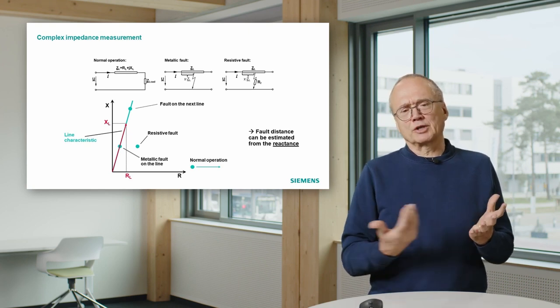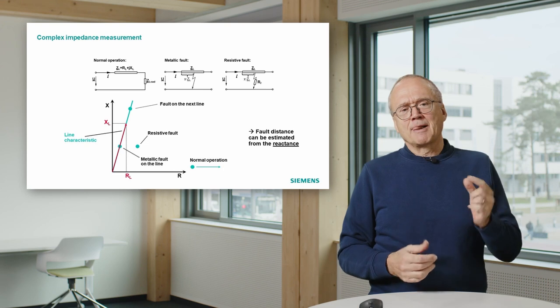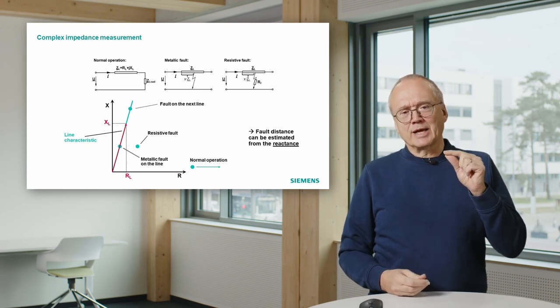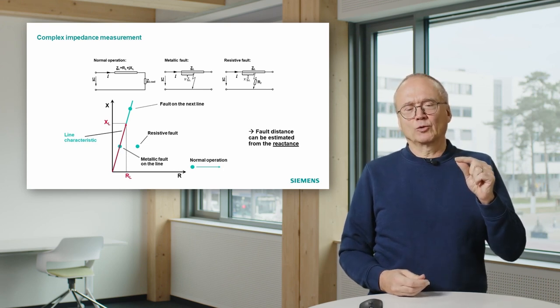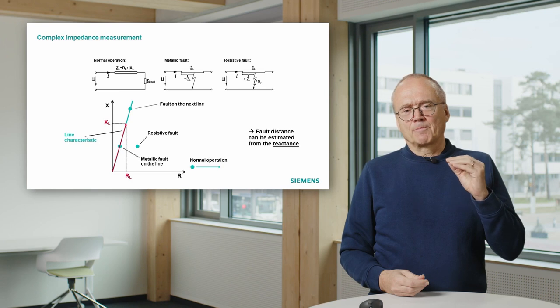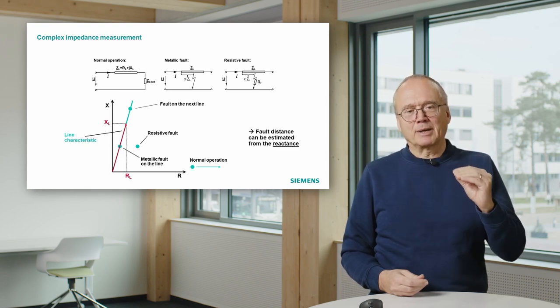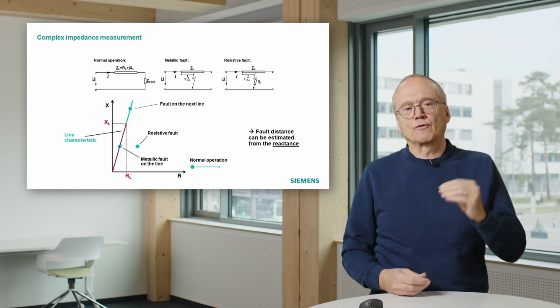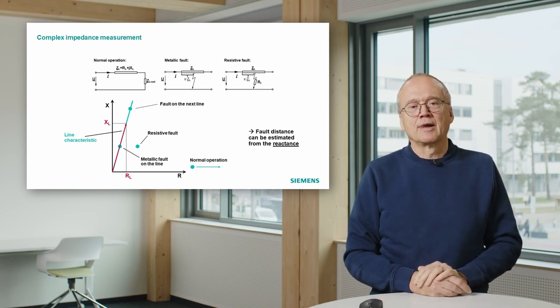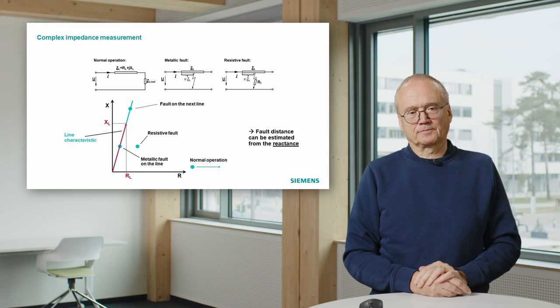It can be zero, it can be a high fault resistance. But what we also see, the reactance is not influenced. That means we can take the measured reactive part, the reactance to the fault, as a criterion, is the fault on our line or not.